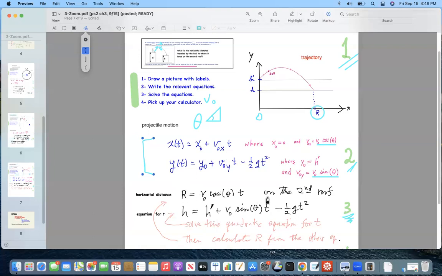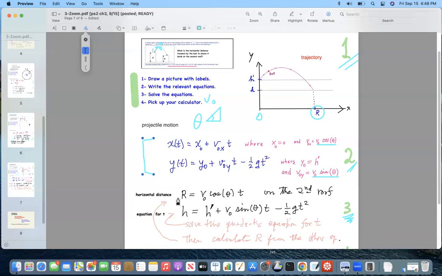So that's an equation for the horizontal distance when the ball hits the second roof. But I don't know what t is, so I need another equation. And that's where I use the vertical part. If I say t is the time when it hits the roof, then y is h. So I put y equals h, y0 is h prime, v0y, v0 sine theta t, minus half g t squared.